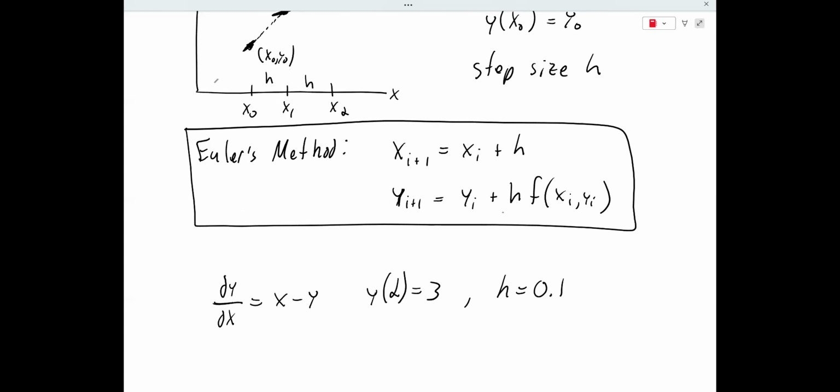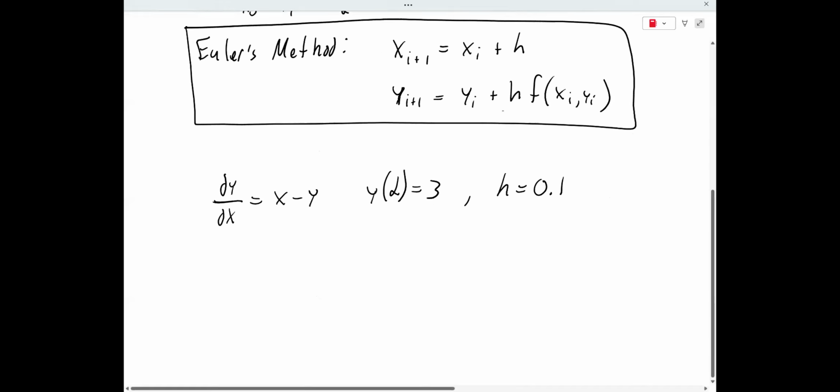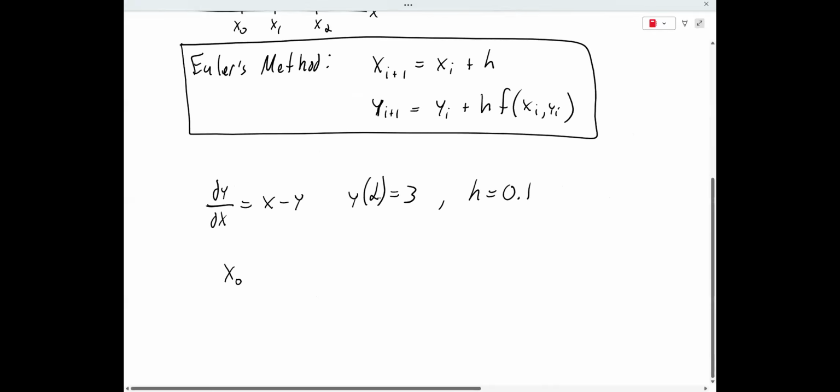So you have your x sub 0, which would be 2, and your y sub 0 would be 3. So that's the initial point on the solution curve, (2, 3).